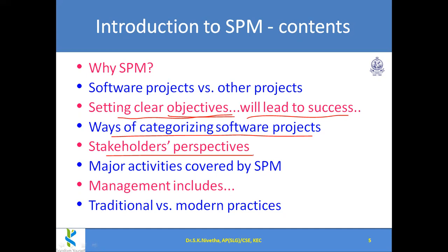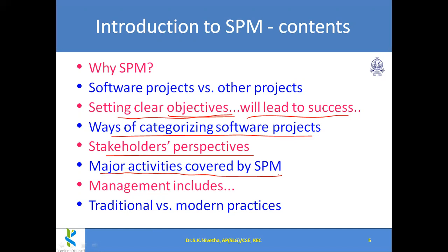Once we have received and consolidated all these perspectives and reflected them in the objective, then yes, we are halfway done. Then we can list the major activities covered by SPM. Simply put, management could mean monitoring the project, but actually it involves planning, staffing, risk management, so many things.